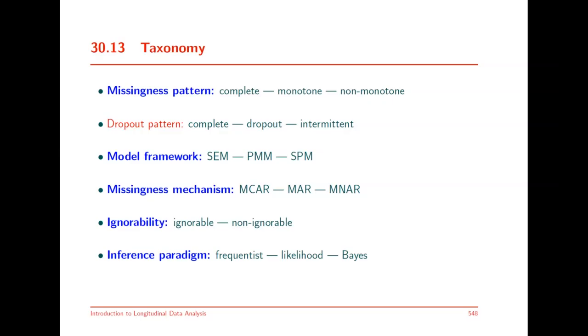And of course, we will talk about those. Then ignorability has to do with how valid is our inference if we do not use the missing data mechanism. And when we say inference, we can do that in 3 major ways: likelihood-based, Bayesian, but of course also frequentist.